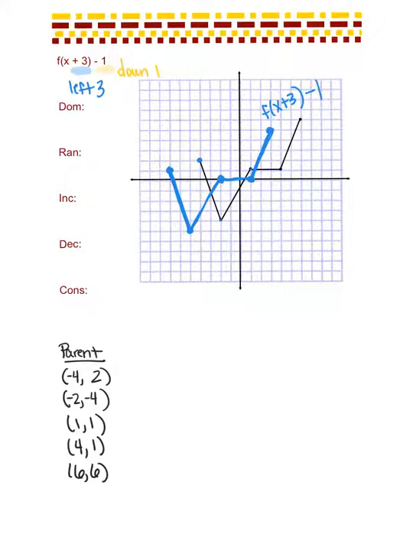For those people who are point people, what you would do is look at your parent function, and when you move left 3, think about what it does to the x values. It's subtracting 3 from all of the x values. So my new points here are -5, -2, 1, and 3.